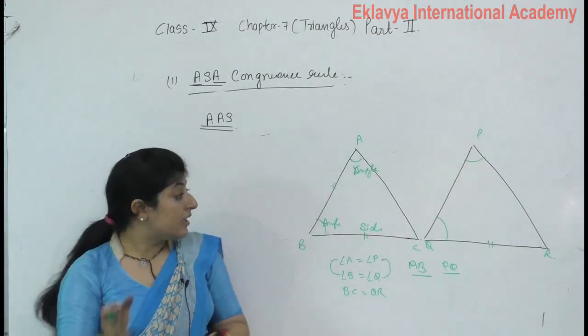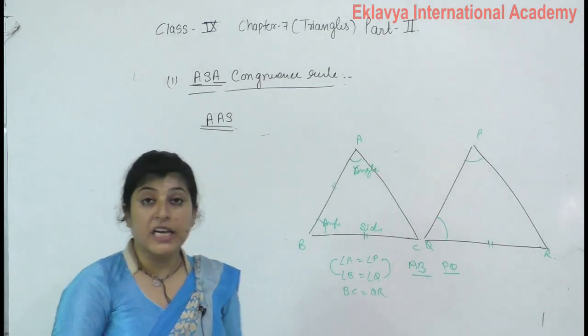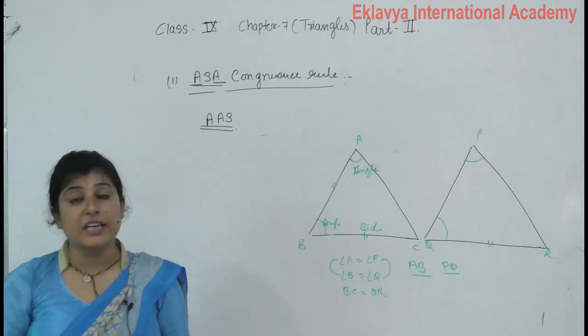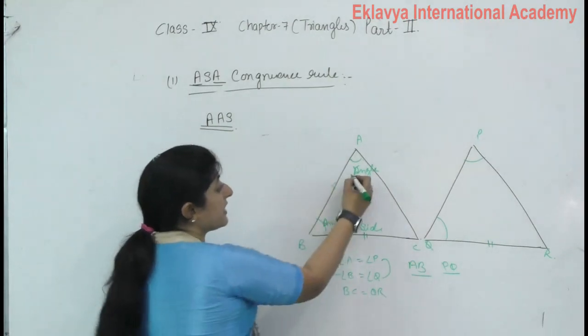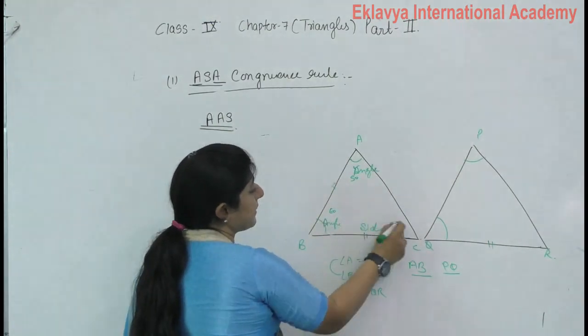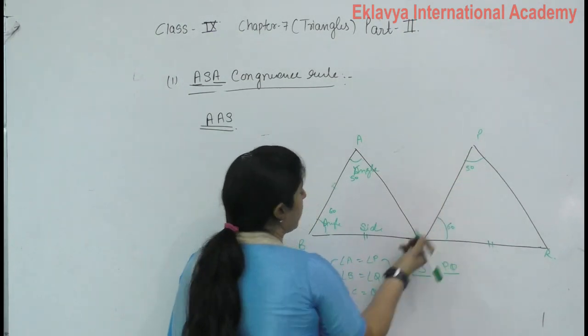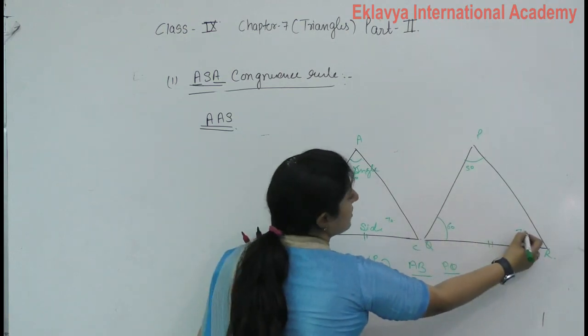How? You already know about the angle sum property of a triangle. In two triangles, if two angles are equal, then obviously the third angle is also equal. Suppose it is 50, it is 60, then remaining is 70, and this also 50, 60, then remaining 70.